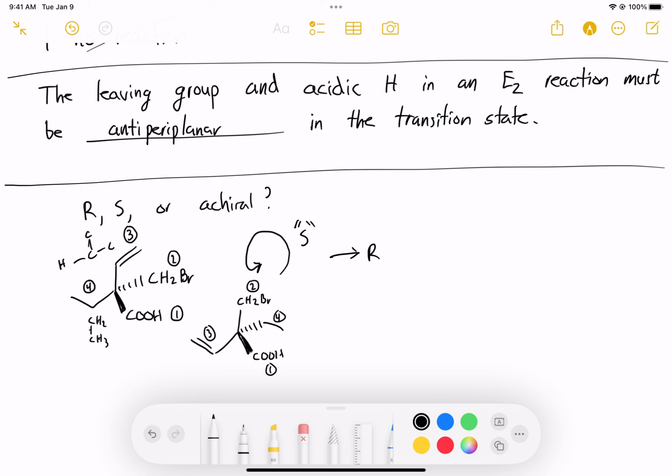Wow, that's a curious thing we got going on here. Yeah, I'm not sure why. So even if we rotate it, it doesn't seem to do anything. Because now the lowest priority substituent is in the back, but it looks like it's S still. Why is that?